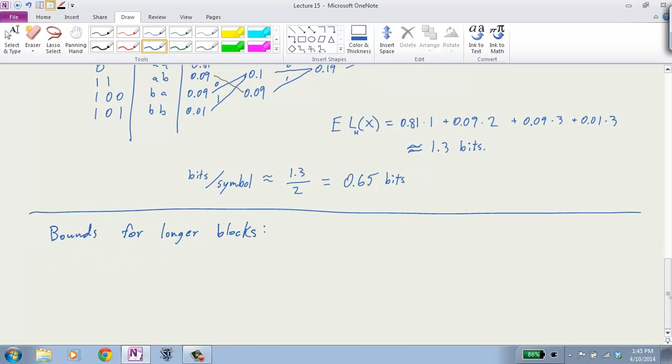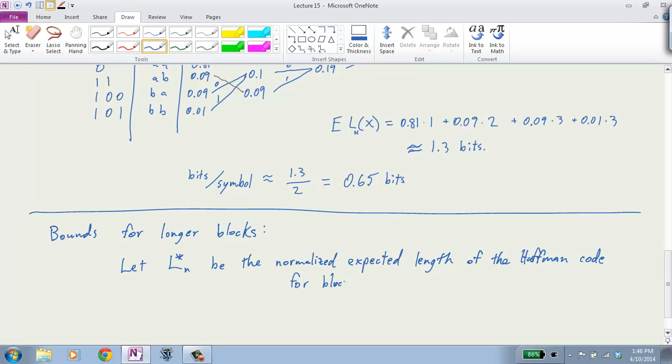So let L star sub n be the normalized expected length of the Huffman code for block length n.